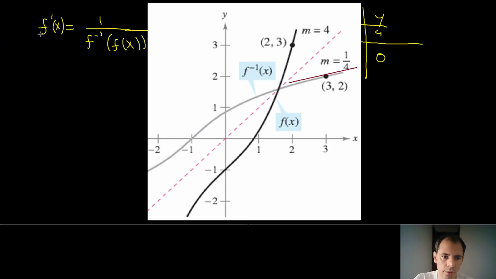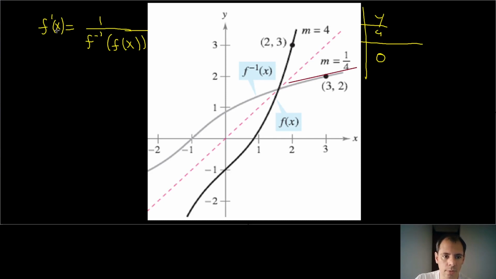And that's what this notation over here means. So the derivative of f at x is going to be the reciprocal of the derivative of f inverse, at that point that was the y of the previous one.